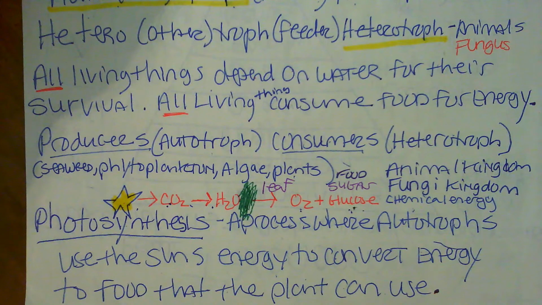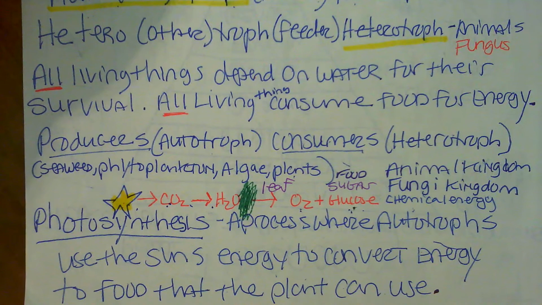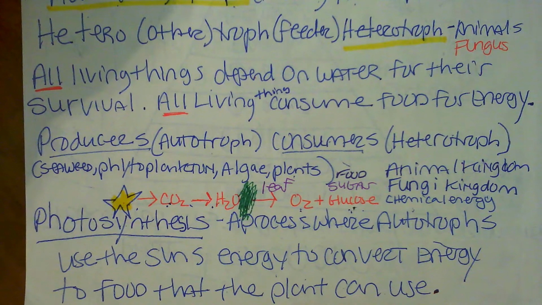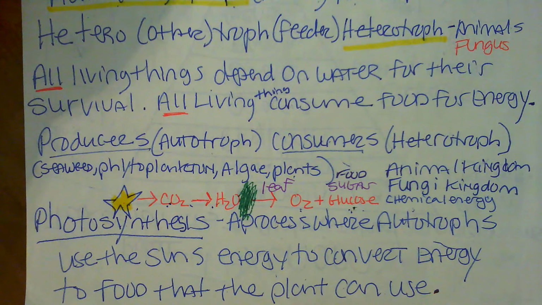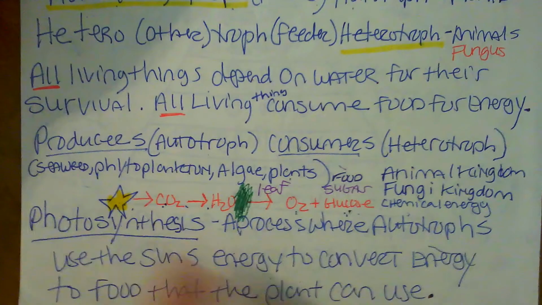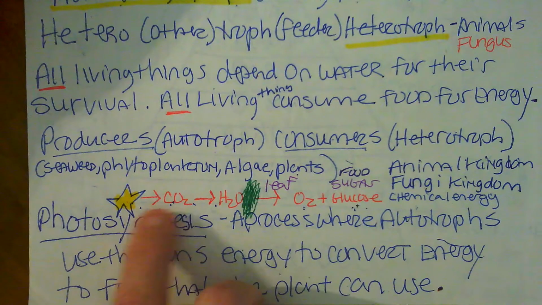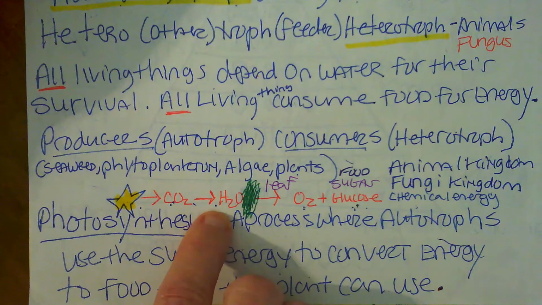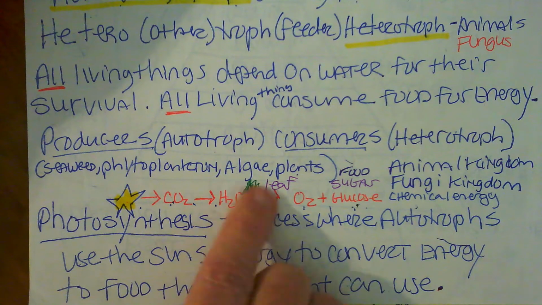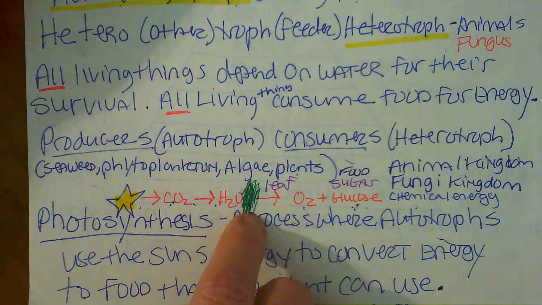So remember, photosynthesis is a process where autotrophs use the sun's energy to convert energy to food that the plant can use. There's a little formula we use where we say the sunlight plus the CO2 in the air plus the H2O that the plant takes in through its roots are all captured in the chloroplasts in the leaves of plants.